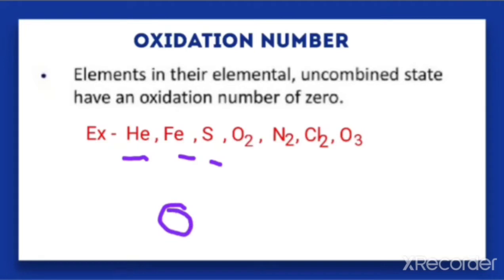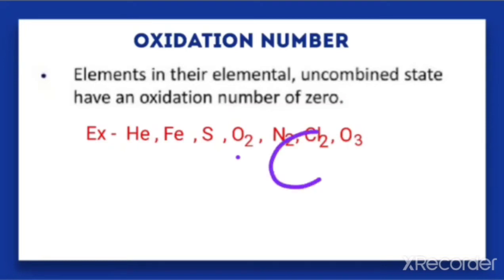And when there is a diatomic molecule, that means a molecule in which the same atoms are forming the molecule, that is a homonuclear molecule, in that case also the oxidation number is equal to 0. That means O2 is a homonuclear diatomic molecule.